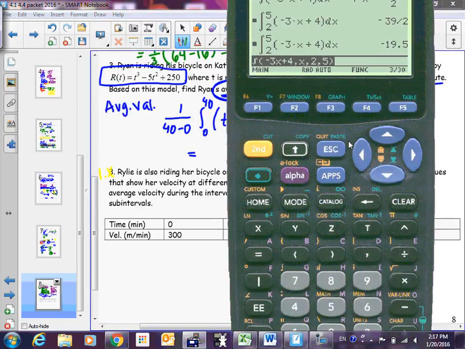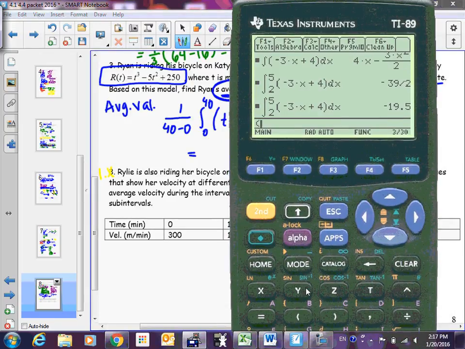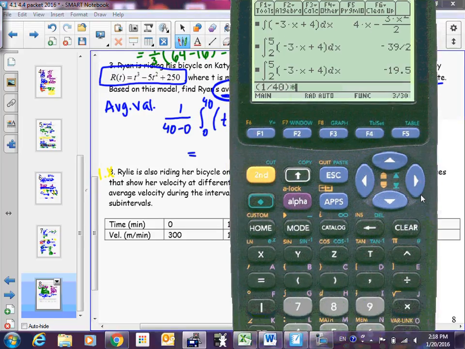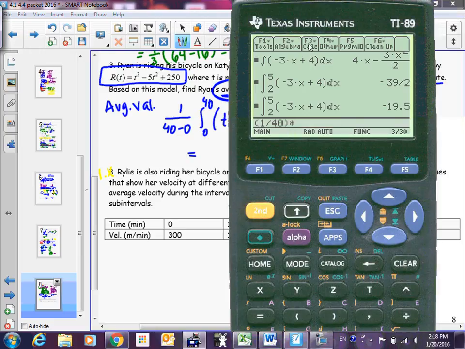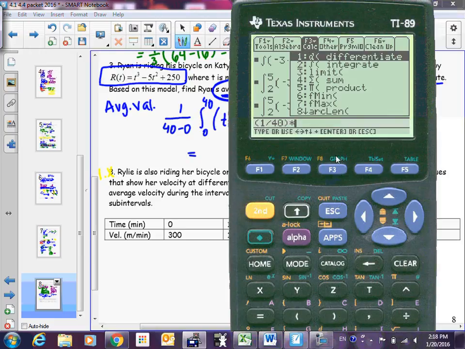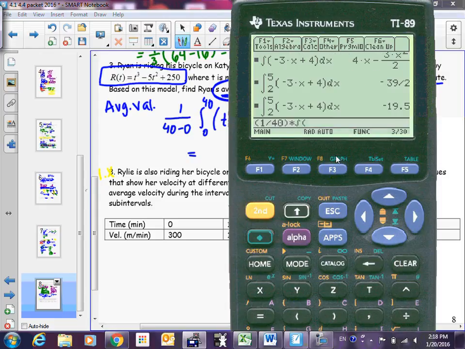So we can actually go ahead and do the 1 over 40 right there. And then go times. And then do the integral. Remember, the integral is F3, option 2. And you can use x's or t's. I'm going to go ahead and use t's.